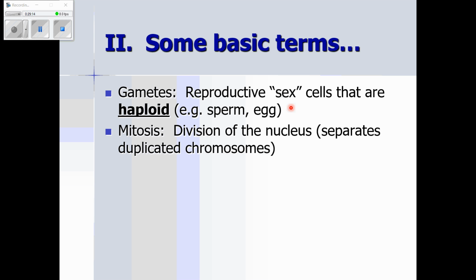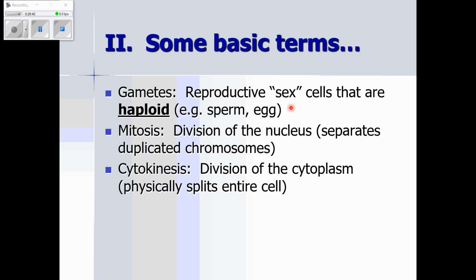Mitosis, we're going to be talking a lot about mitosis in the near future. Mitosis is the division of the cell nucleus. The purpose of it is to separate the duplicated copies of all of your chromosomes. And the purpose of mitosis really is to produce 2 nuclei or 2 copies of the nucleus that are genetically identical.